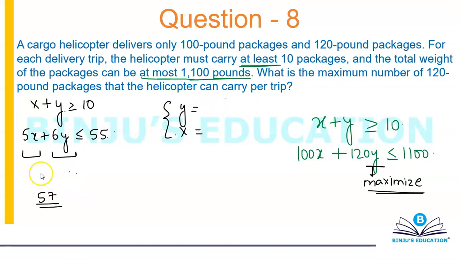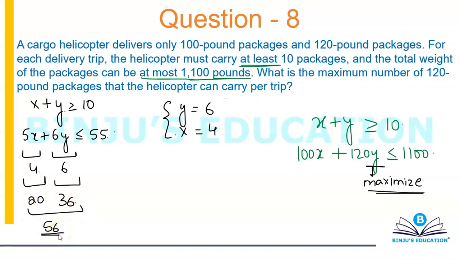Next case I'm going to take when y is equal to 6, my mistake. When y is 6, then this will become 36. In that case, the minimum value of x that I have to take is 4. If I take this to be 4, then this will automatically become 20. And this total will become 56.